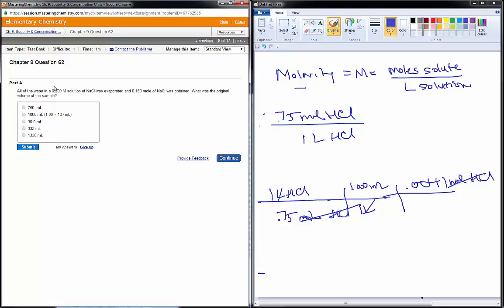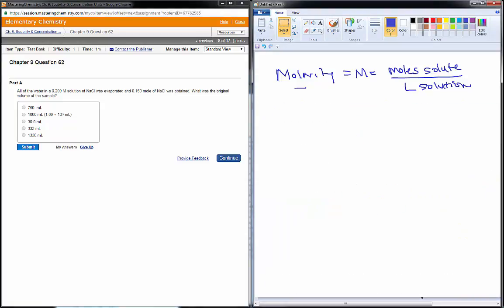All right, next, all of the water in the solution evaporated and this much NaCl was obtained. What was the original volume of the sample? Okay, so we had a 0.200 moles per liter solution of NaCl. And in the end, we also had 0.150 moles. And we wanted to know what was the volume. And these are all given in milliliters.